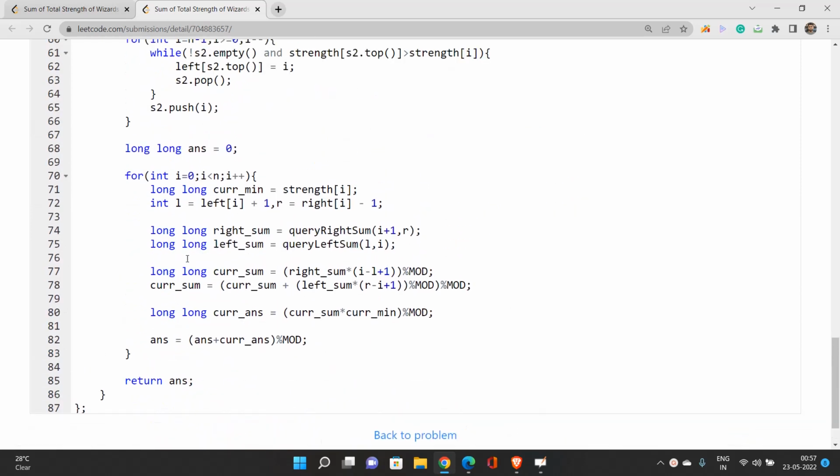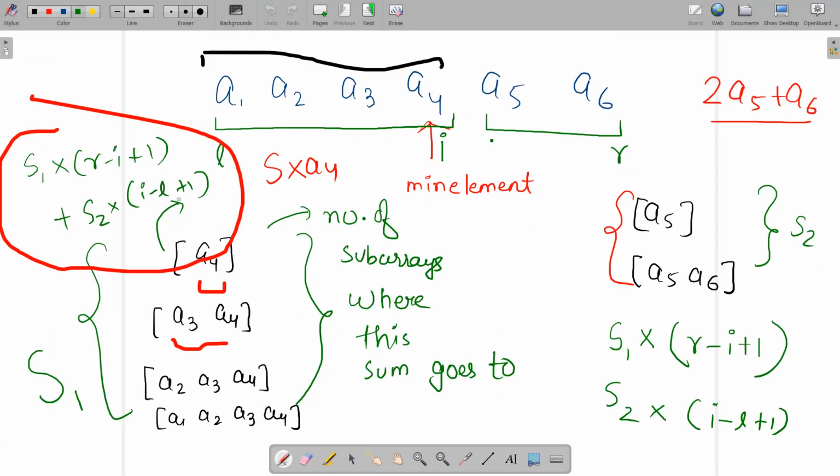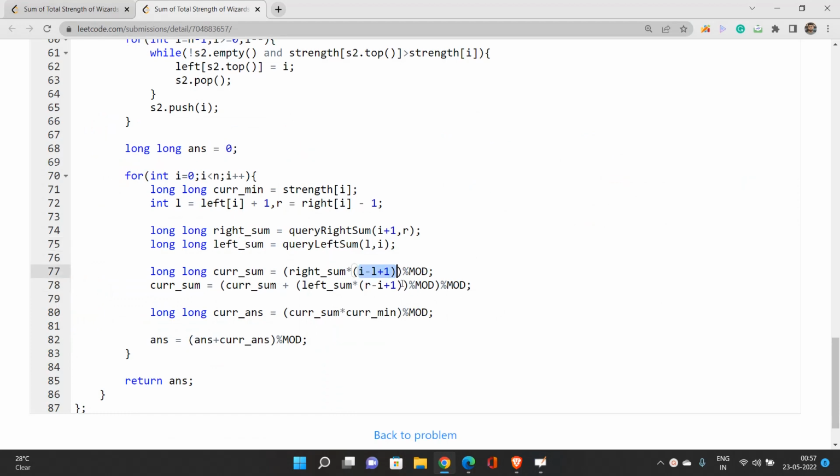Now when we are able to find out this right sum and left sum, all we have to do is multiply S1, which is the left sum, with the length of the right interval, which is I minus L plus 1. If I am working upon left sum, I will multiply with R minus I plus 1. So I plus 1 to R is the length of the right interval, and for the right sum we will multiply it with I minus L plus 1.